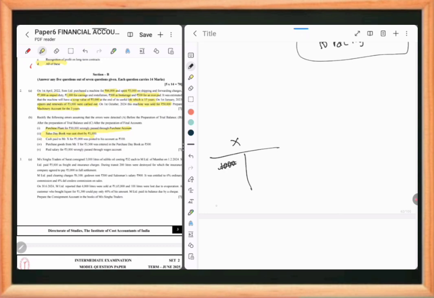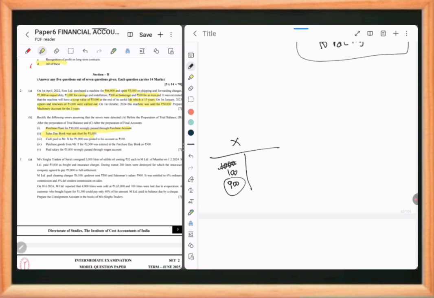Instead of that, we posted only 100 rupees. So instead of 1,000 rupees, we entered 100 rupees, X account is debited to cash. That is only 100 rupees. So still we have to make 900 rupees in the debit side. So X account will be debited for 900 rupees. That is the correct rectification entry.